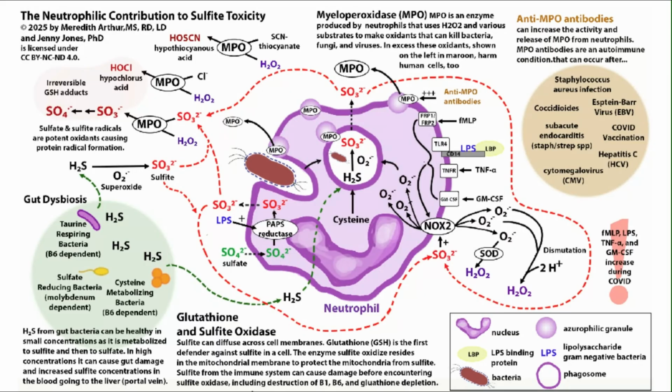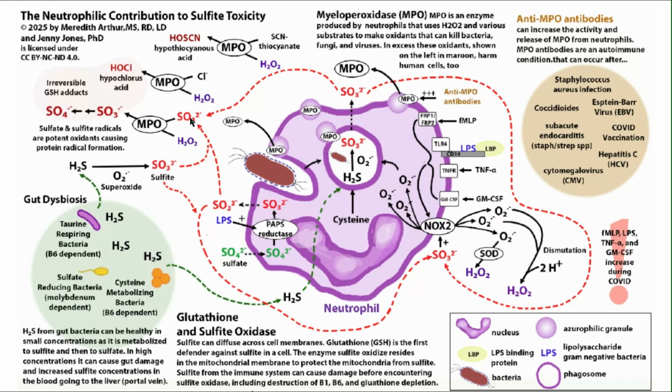And then also you're going to use the hydrogen peroxide and chloride anions in the blood, and that will produce hypochlorous acid. And we have to use glutathione to be able to detoxify hypochlorous acid. And then MPO can also take sulfite that's produced by the neutrophil, which I'll talk about how that happens in just a minute.